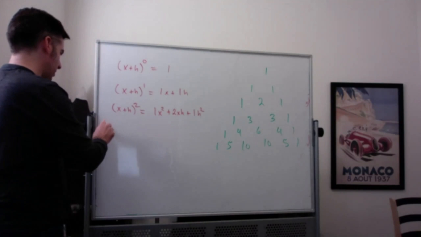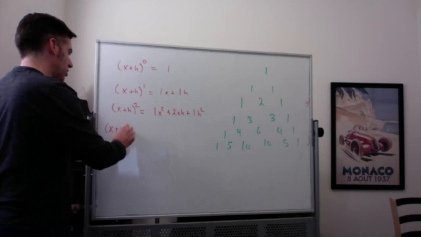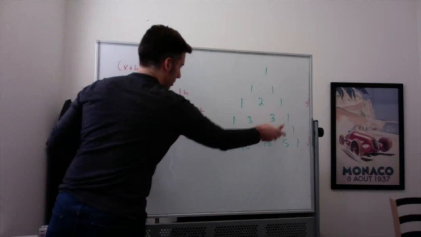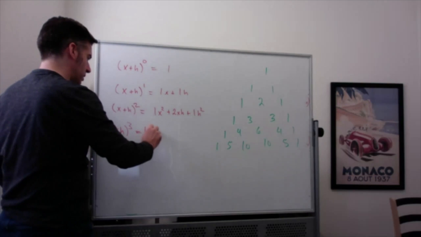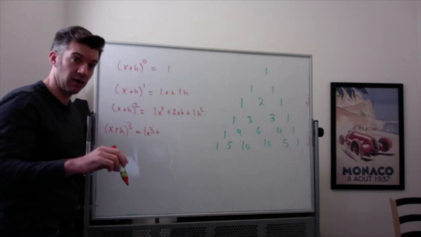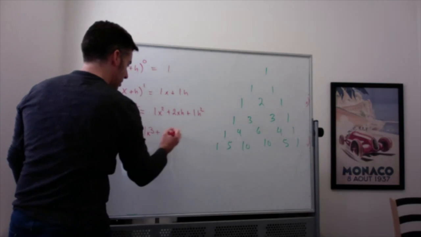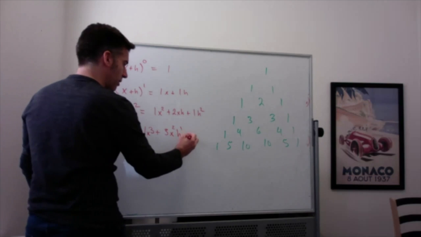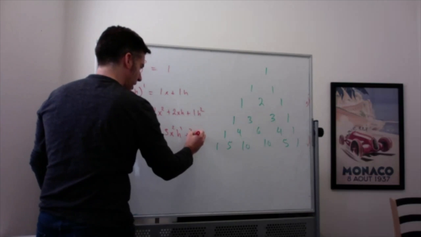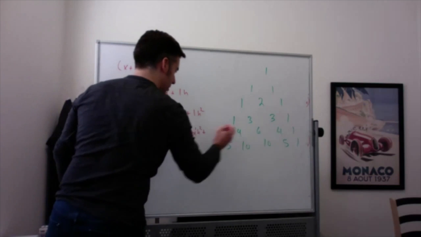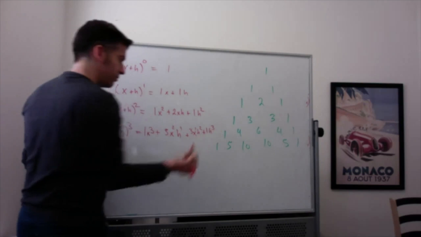So we can say that x plus h cubed is going to be, well, I know the coefficients are 1, 3, 3, 1. So it's going to be 1x cubed plus, then I'm going to decrease the power of x by 1 and increase the power of h by 1. So I'm going to get a 3x squared h to the 1st, and then a 3x to the 1st h squared, and then a 1h cubed.